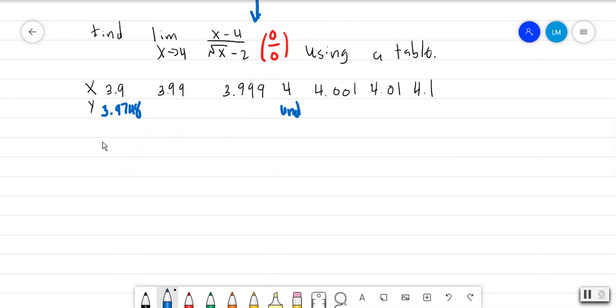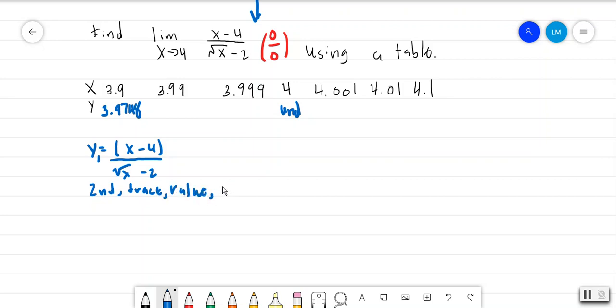Now, what you're basically entering into your calculator, just to clarify, is that you're plugging these values into this expression over here. If you want, you can actually plug this into your calculator, like y1 equals the square root of x minus 4 divided by the square root of x minus 2, and then just go to second trace, and then just select value.